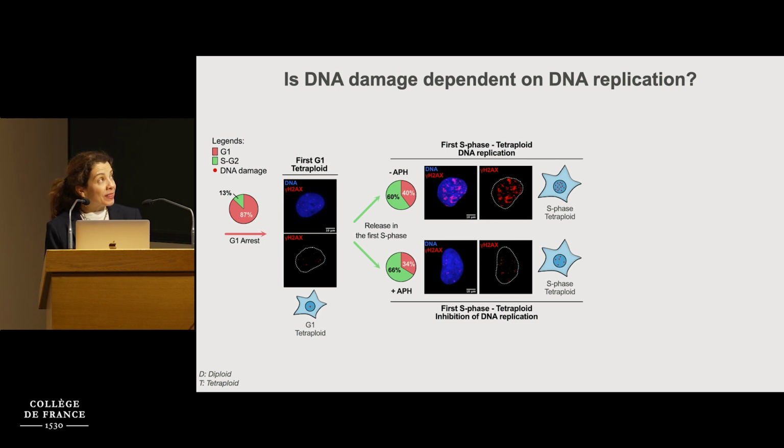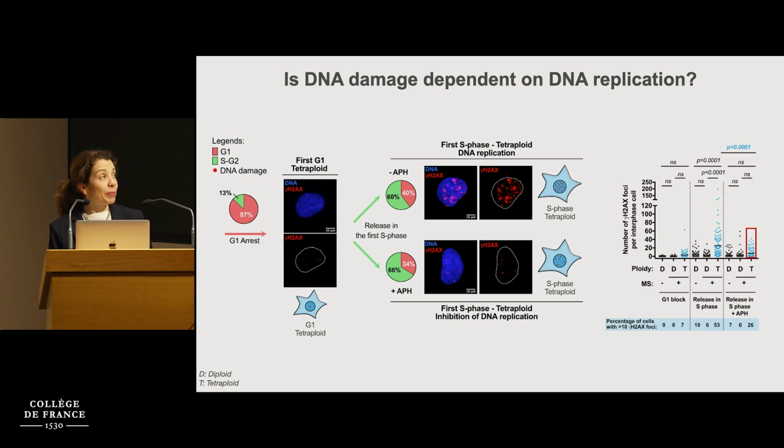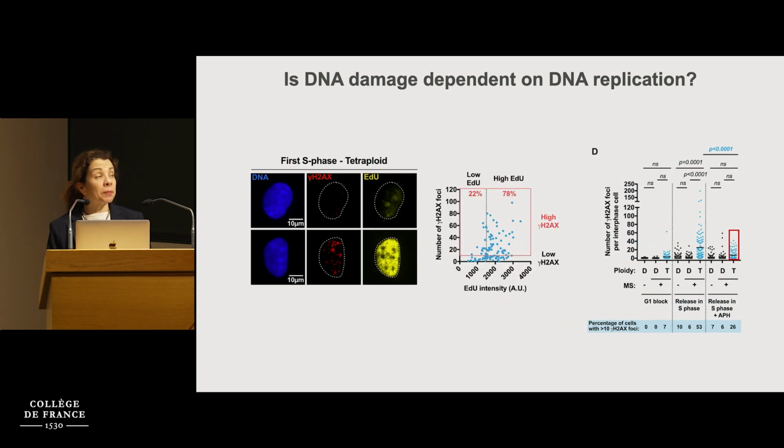There was still this population of cells that was actually perturbing me, and you can also see them here on the graph. And so Simon repeated these experiments by also revealing the levels of EdU, and indeed there is a high correlation, as you can see over here, with the levels of gamma H2AX and EdU.